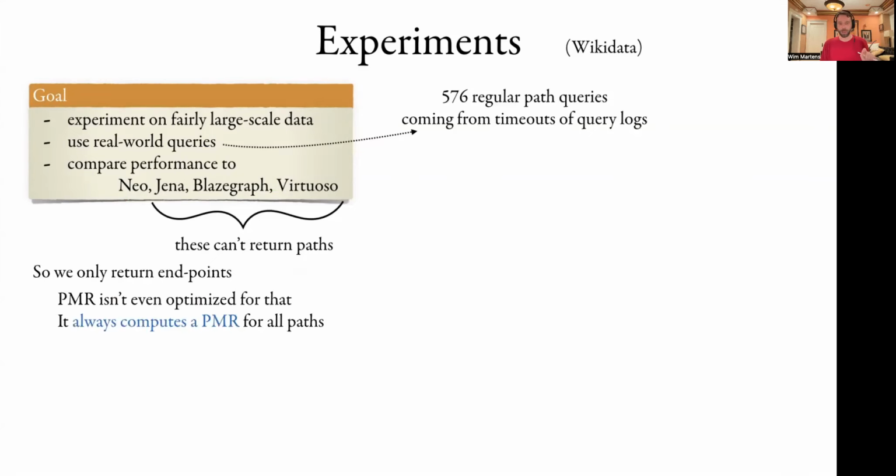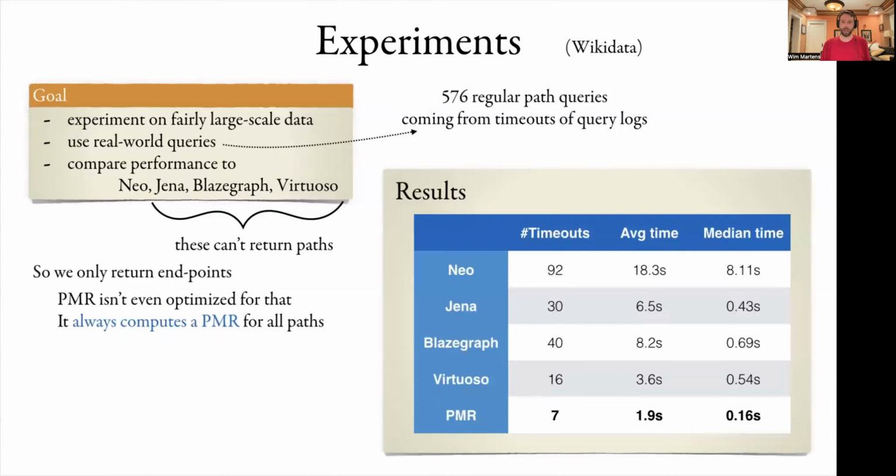In a sense, this is a little bit unfair to us, because we always compute a multiset representation for all the paths. And these systems here, they don't do that. They just compute pairs of endnodes. We compute the multiset representation, and then we use this to compute all the pairs of endnodes.